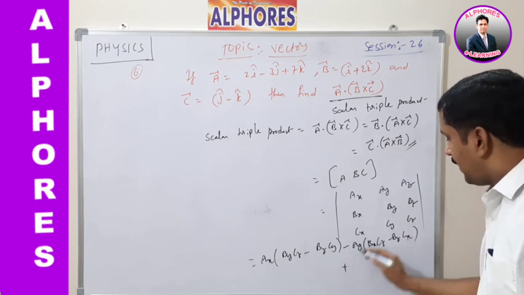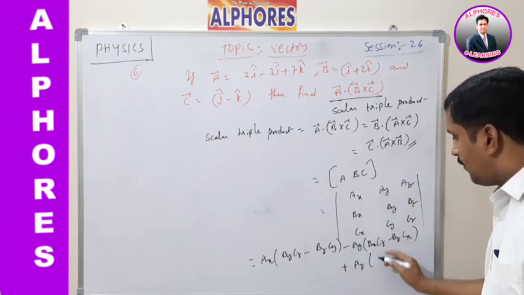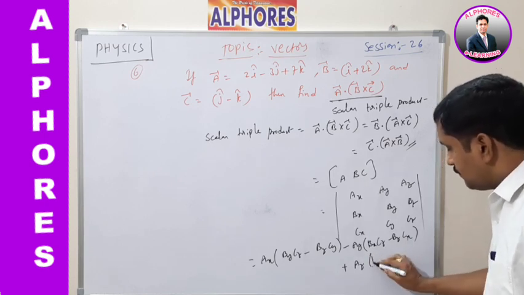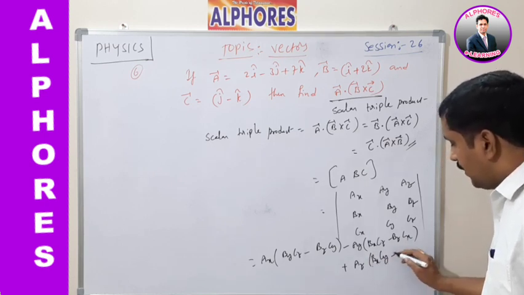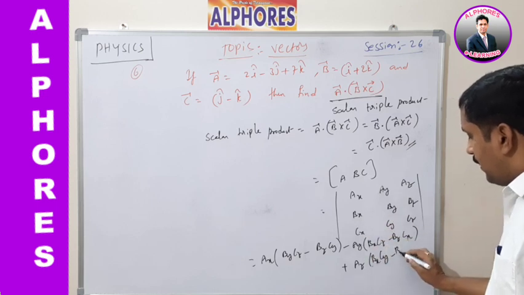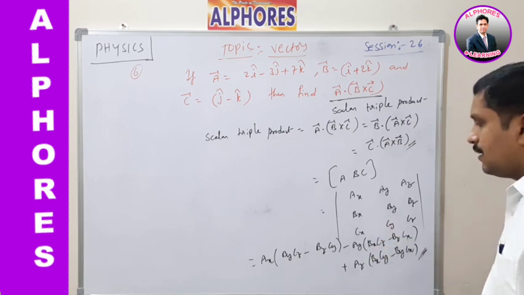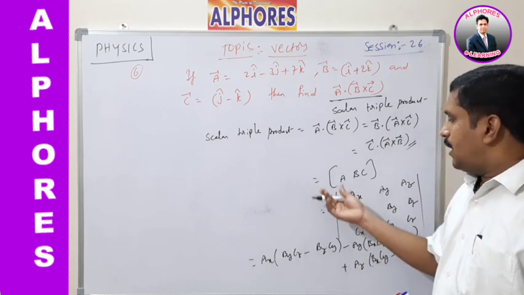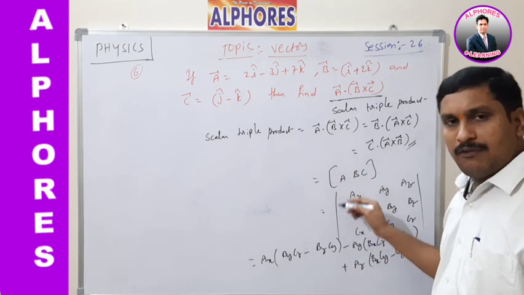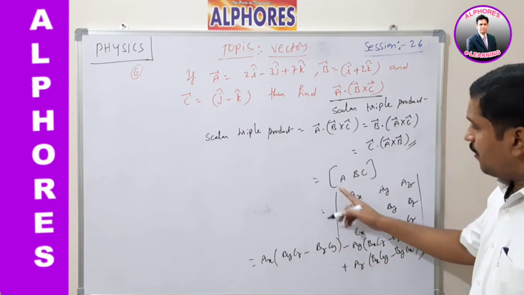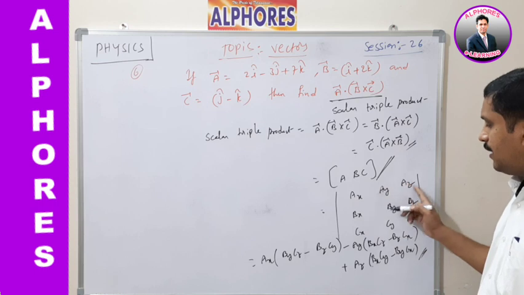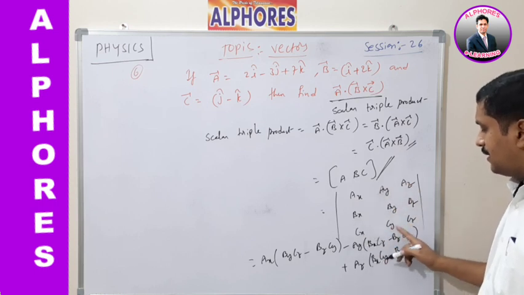So this is the actual formula of the volume of a parallelepiped. The volume of the parallelepiped is denoted by box of ABC, and it is the determinant of AX, AY, AZ, BX, BY, BZ, CX, CY, CZ.